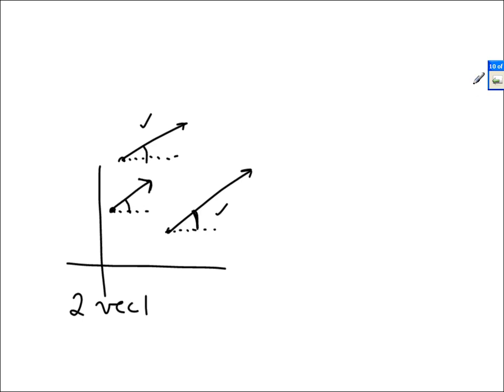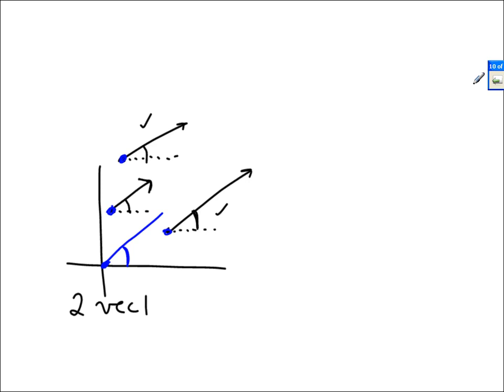Now, what if I moved all the tails to the vertex, to the origin, I meant to say? What if I moved this tail and this tail and this tail right here? Well, one thing that's going to be true is that angle has to equal the other three.